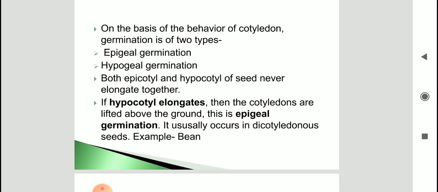The cotyledons are lifted above the ground. So cotyledons will be coming above the ground, we can see them. This type of germination is called epigeal germination, and generally we see epigeal germination happening in dicotyledonous seeds, for example bean.